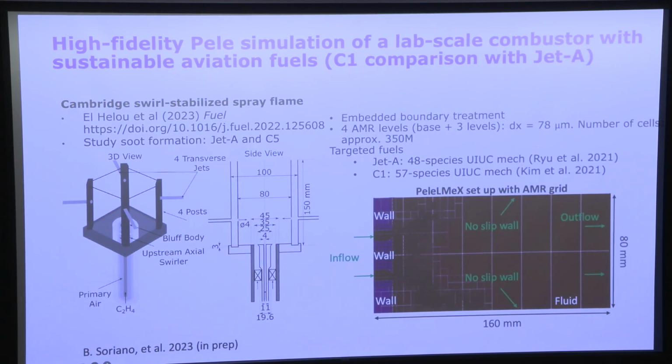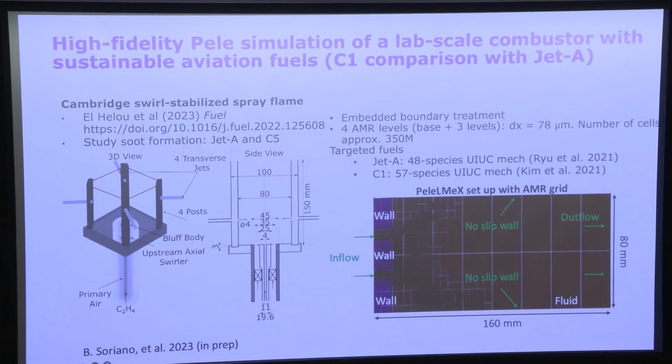With the 4 AMR levels, our finest mesh is about 78 microns. So we have about 0.8 grid points across the mean Kolmogorov scale, and maybe about 6 to 7 points across the flame thermal thickness. So the flame is a little bit under-resolved, but it's close.